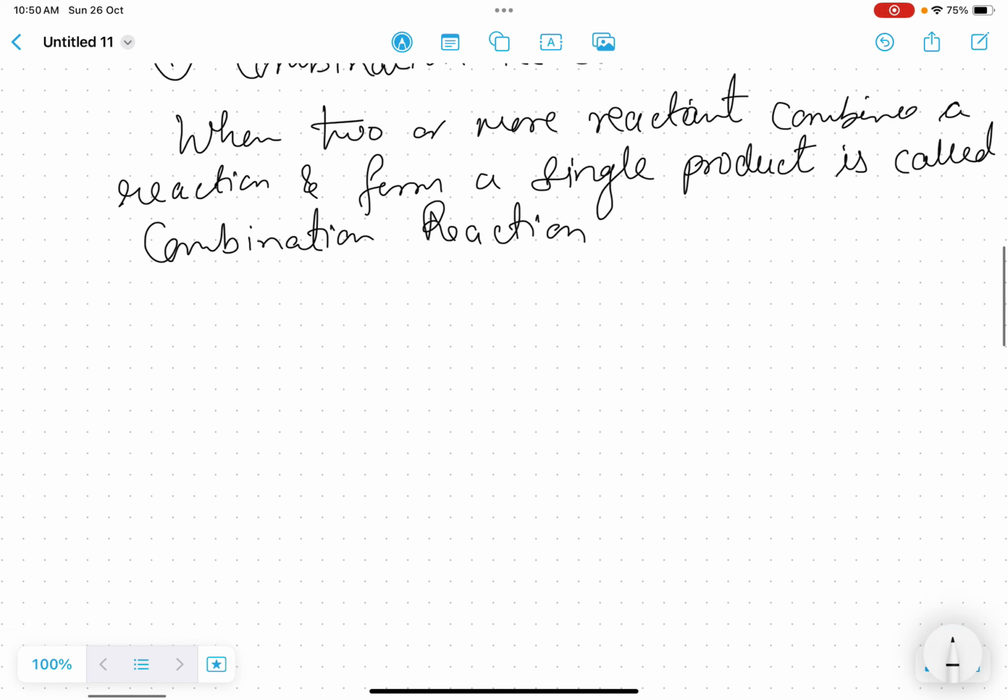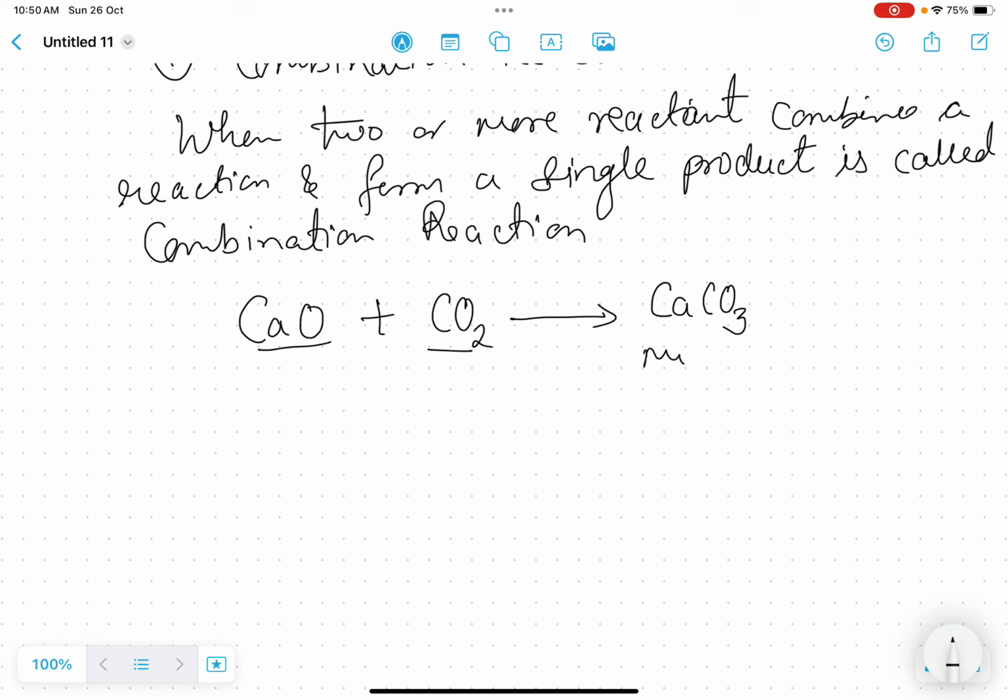Just take one example. Take lime, calcium oxide, and pass carbon dioxide gas through it. What will you see? Calcium oxide and carbon dioxide both react with each other and form calcium carbonate, which is milky white in color.